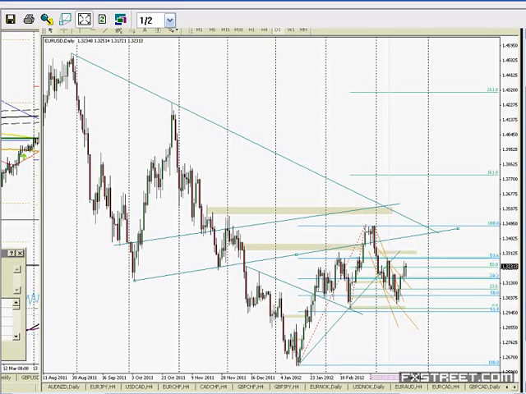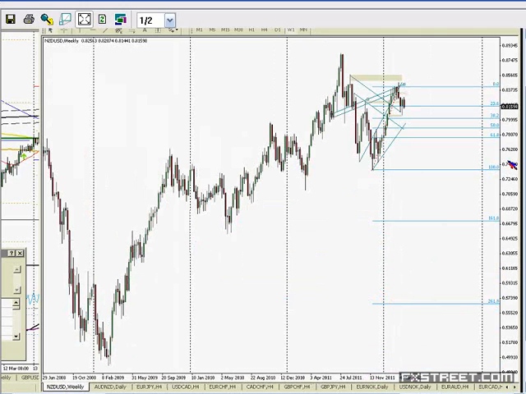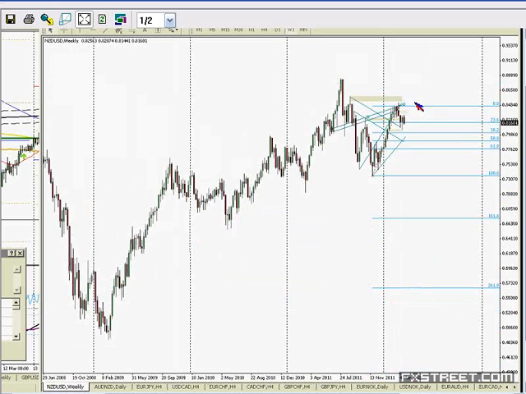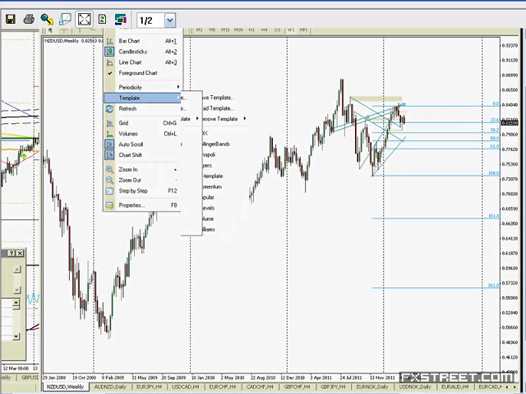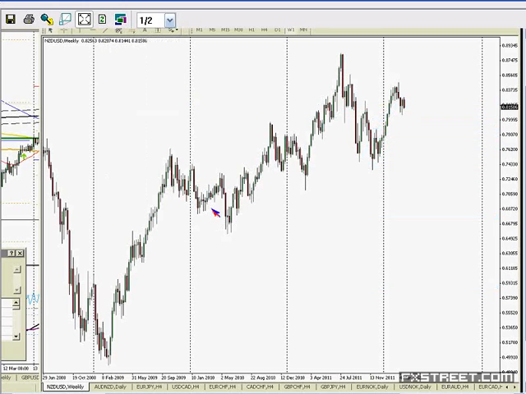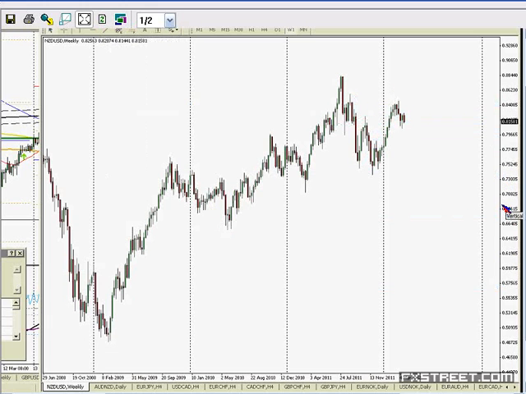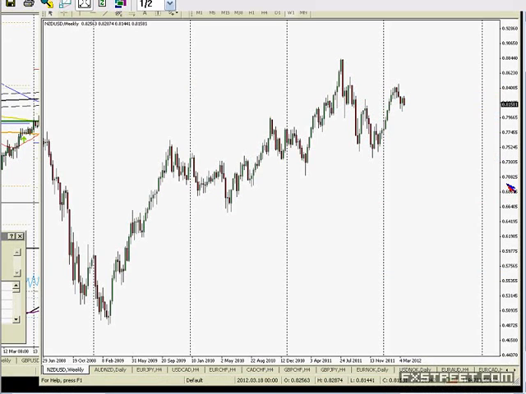Okay, here. So I would start perhaps with a weekly chart, okay. And on the weekly chart, maybe we can delete all this stuff that we see here. And I start with a blank template, okay. Let's say I start with a weekly chart, okay.